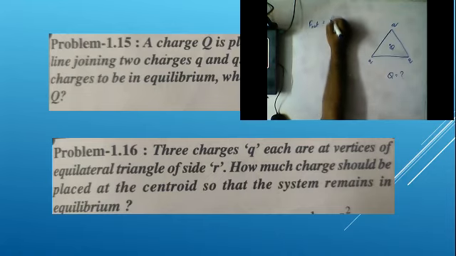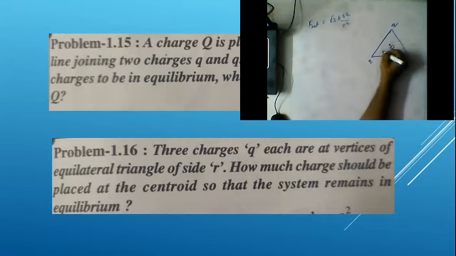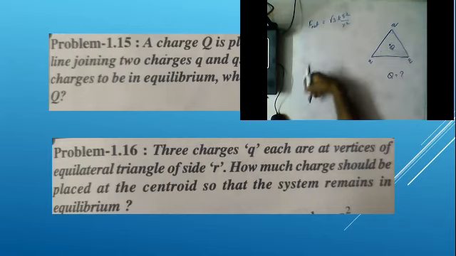So first of all, this type of question we already discussed, in that F net we got root 3 K q square by R square. We got that value or not? Now here we are having the force individually, one force here, one force here, one force here.